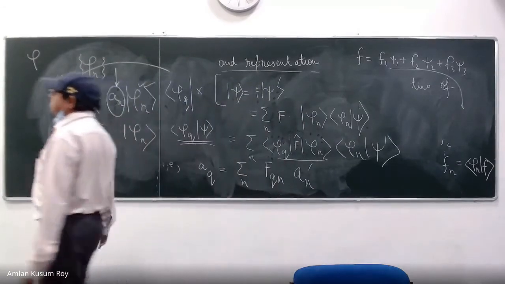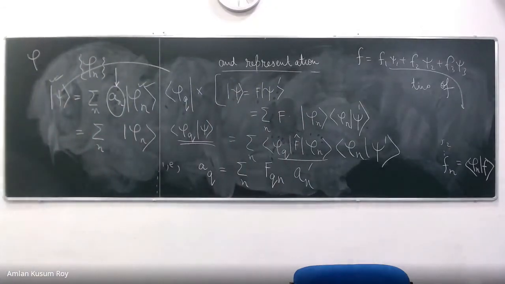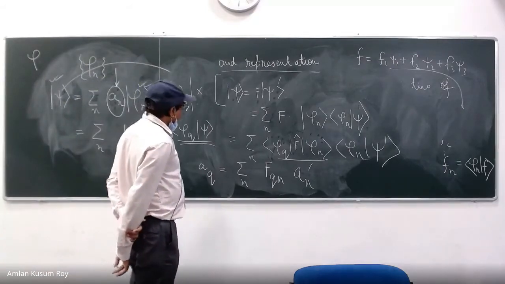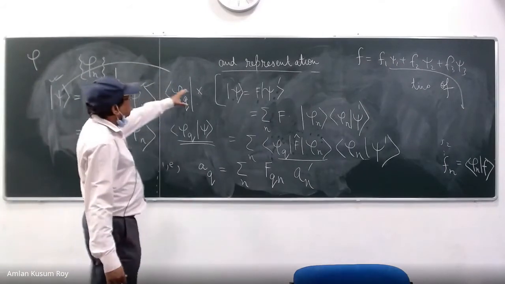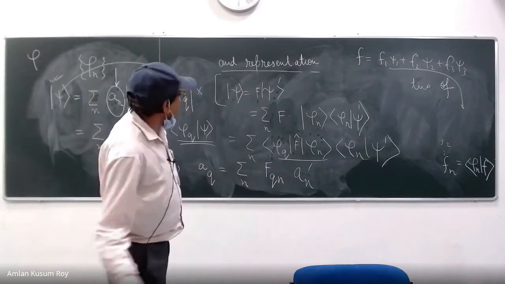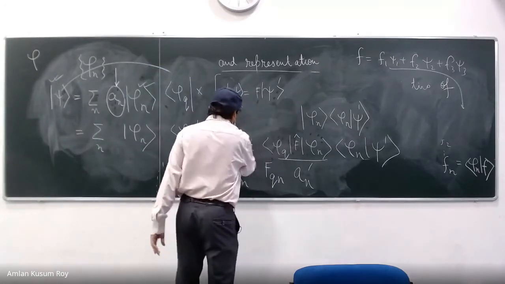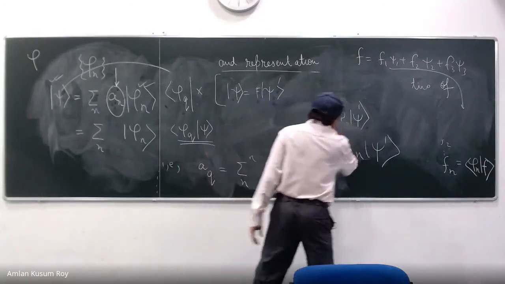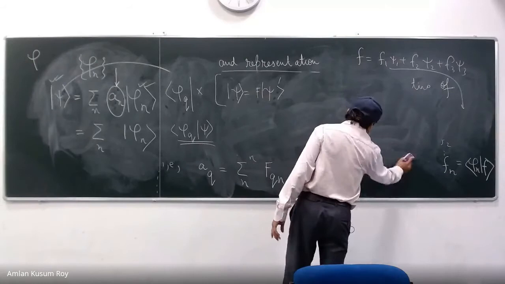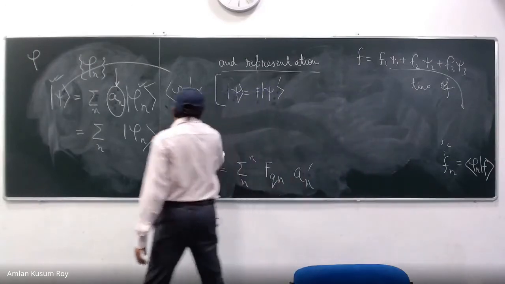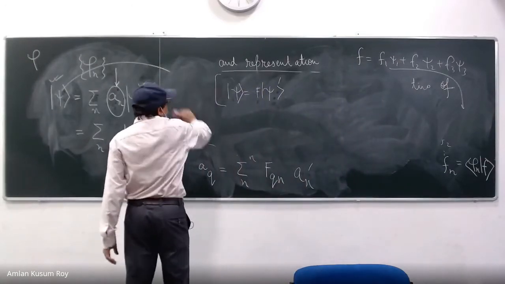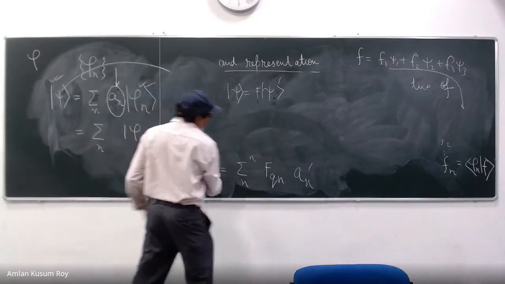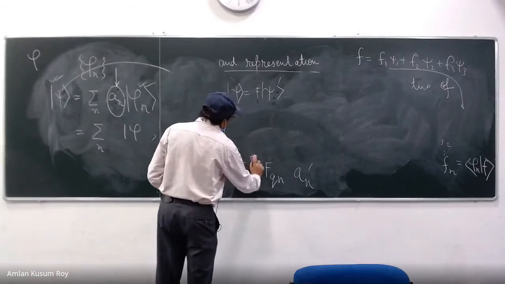AQ is equal to F QN AN prime. What does it mean? It means that you have written an operator. If you just write the first line and the last line, forgetting the intermediate steps, you started with this equation and you landed up here.